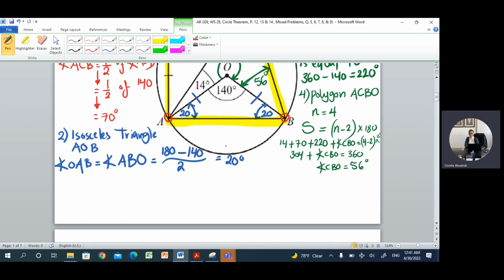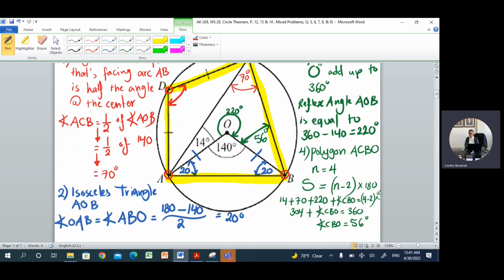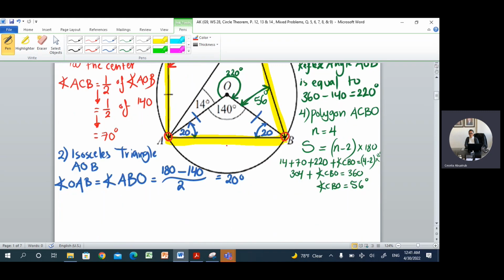And we can say, step number 5, cyclic quadrilateral, and you may name it as ABCD.